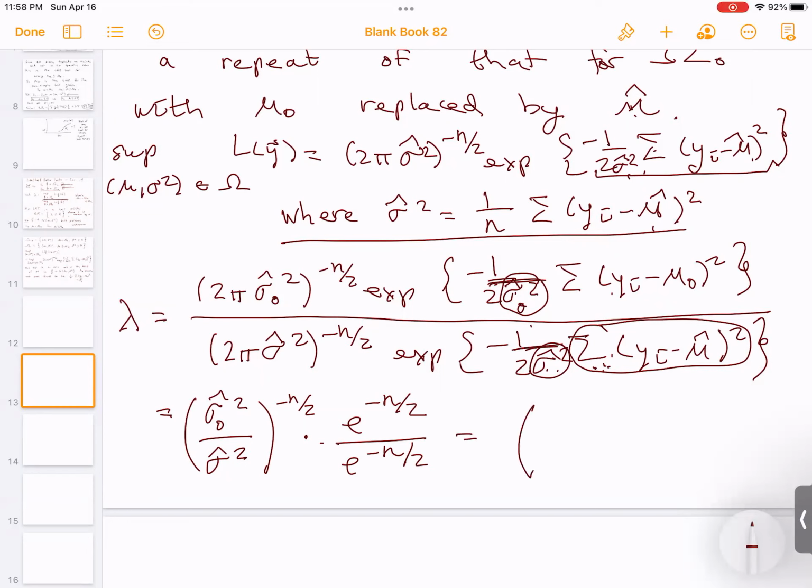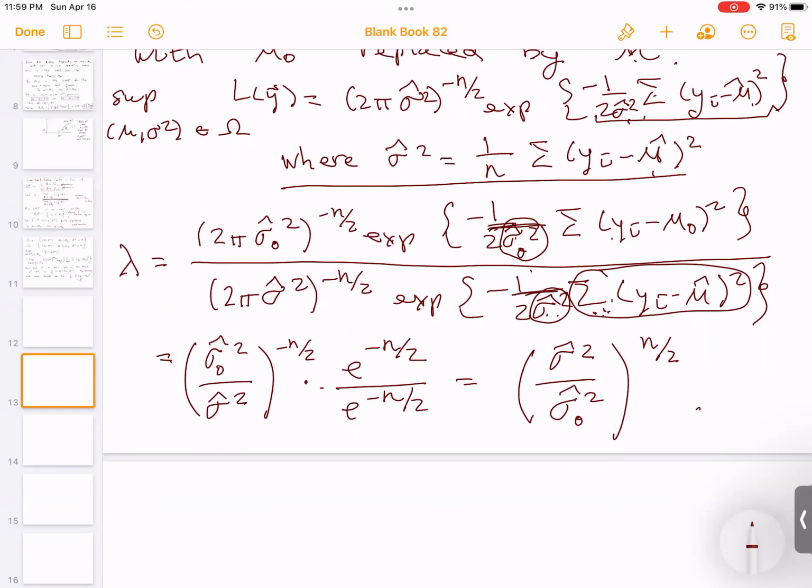I'm going to keep these sigma squareds in here, even though you might want to cancel that too, but we're working with this for now. So I have n over 2 here. We should be able to get from there to here, where the sigmas are defined as above to be the MLEs under the respective means. Okay, so that's our lambda.